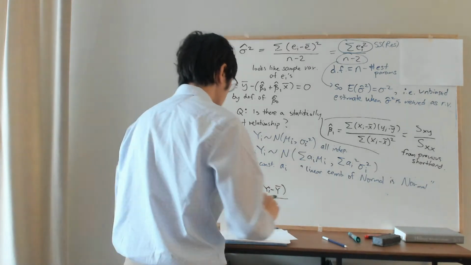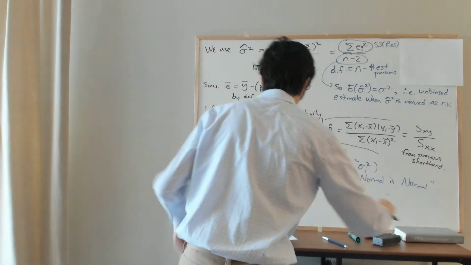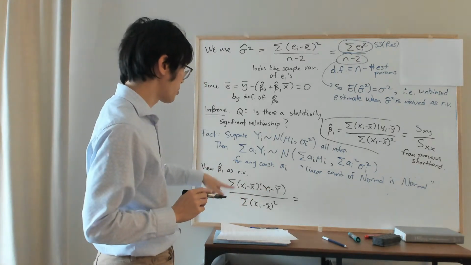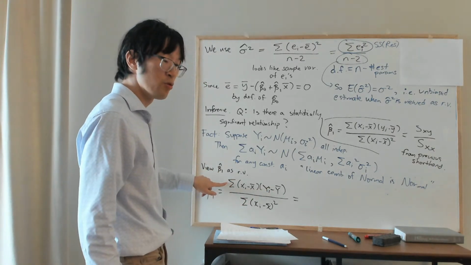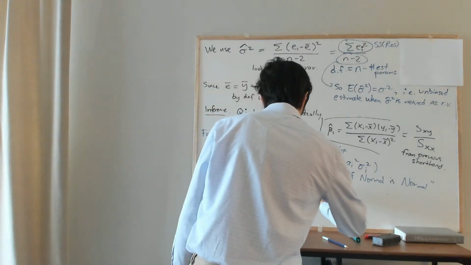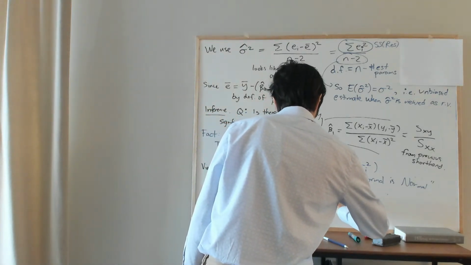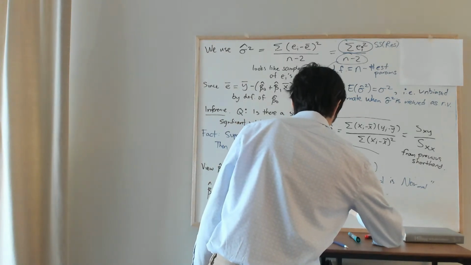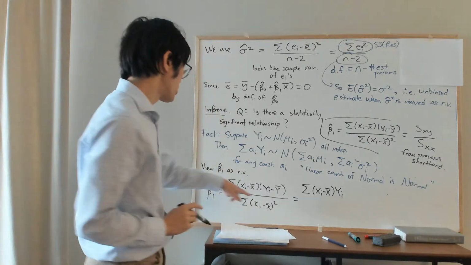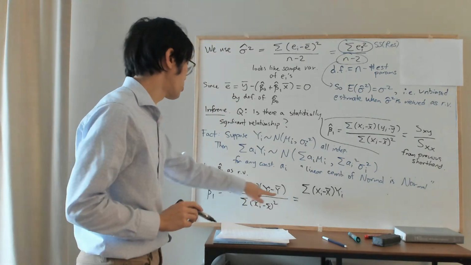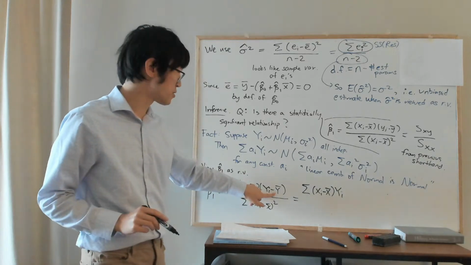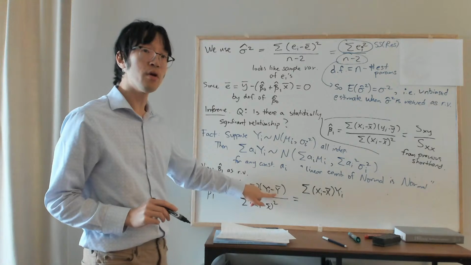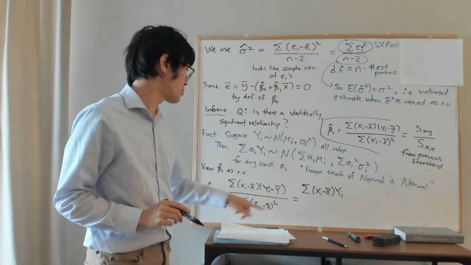I'm going to slightly rewrite this to make our coming computations a little easier. I'm going to break up the sums in both the numerator and the denominator. I'm going to write the summation of xi minus x bar, with yi by itself, and then I'm going to pull out the second term, y bar. Y bar doesn't have the index i, so I can pull it outside the sum from 1 to n.